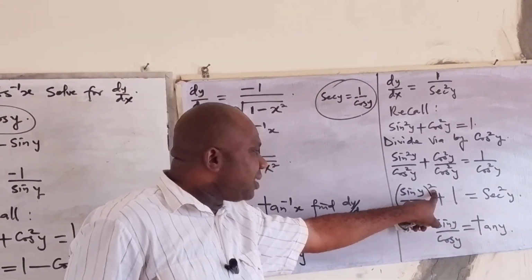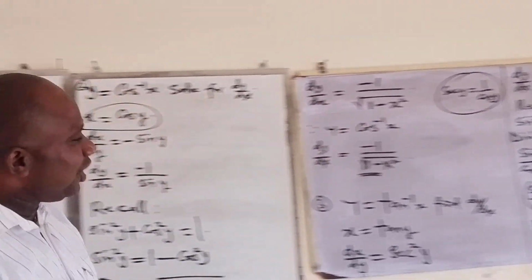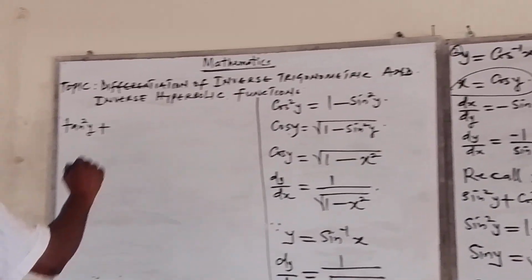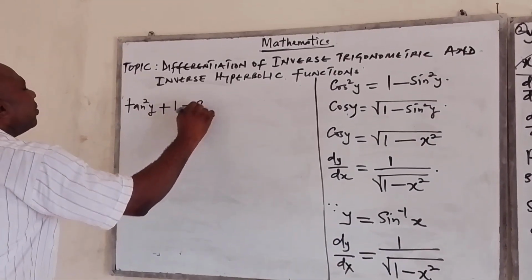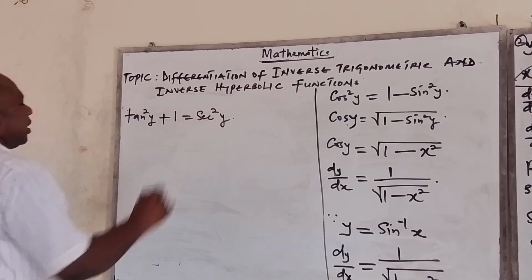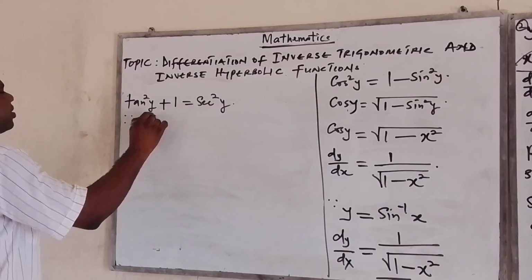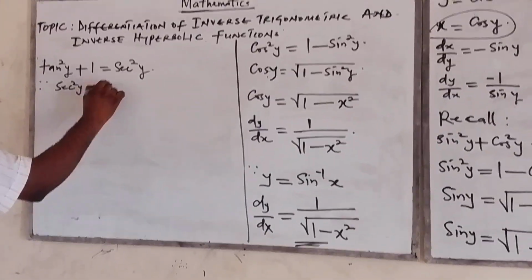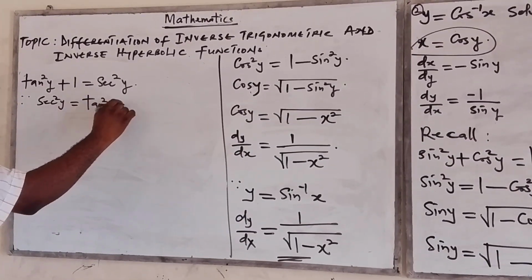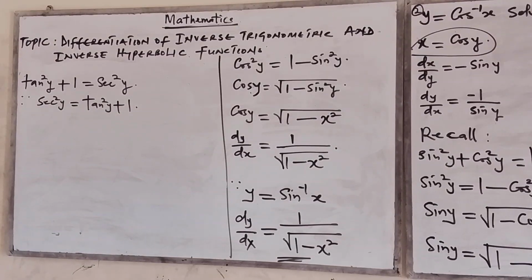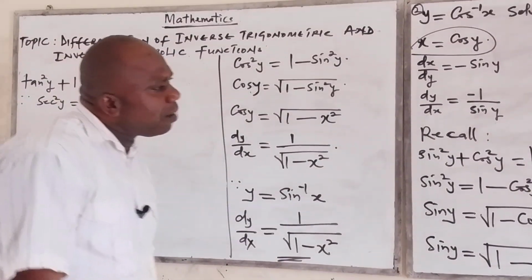So here we have tan square y plus 1 is equal to sec square y. So it therefore means that the value of sec square y is the same thing as tan square y plus 1.